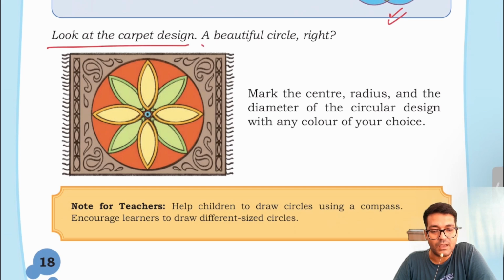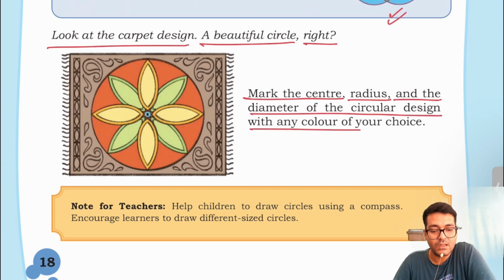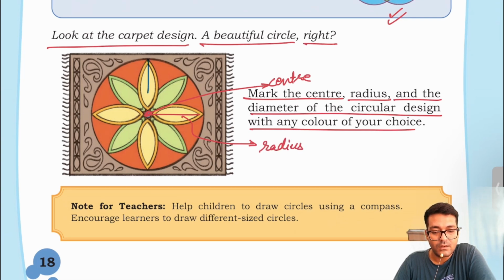Look at the carpet design, a beautiful circle, right? Mark the center, radius and the diameter of the circular design with any color of your choice. You can mark the center, then the radius, and then the diameter of this circular design.